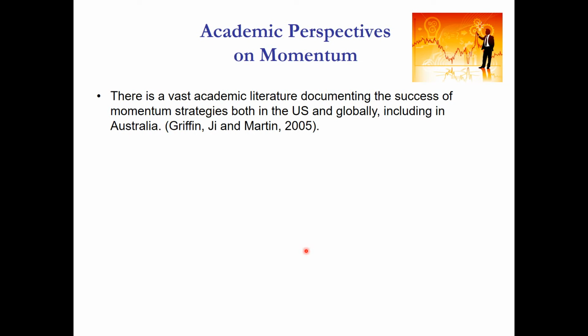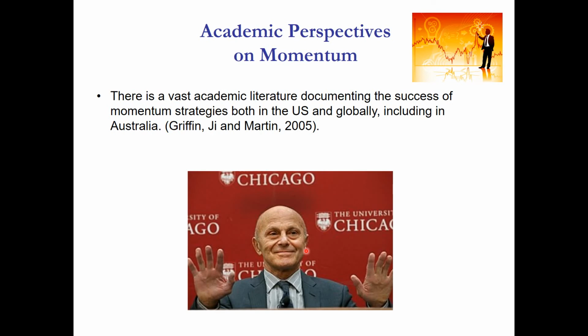Another way to consider the benefits and relative merits of momentum strategy is to listen to the words of, as we see on the screen here, Gene Fama. Many of you will have heard of Fama because he is considered to be the father of the efficient market hypothesis. Efficient market hypothesis, if you remember, states that security returns cannot be predicted by either past returns or publicly available information.